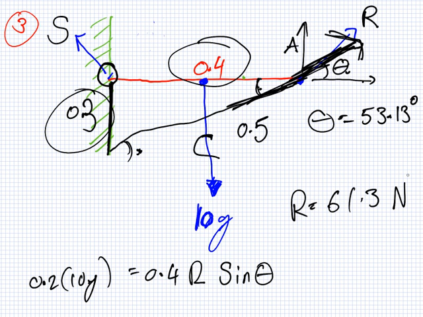Wait, how should I get the theta again? Tan inverse 0.3 over 0.4. Like, this is the same, and this one is the same. This angle here, 53, is the same as this angle, and this one is the same as this one. Alternating angles.